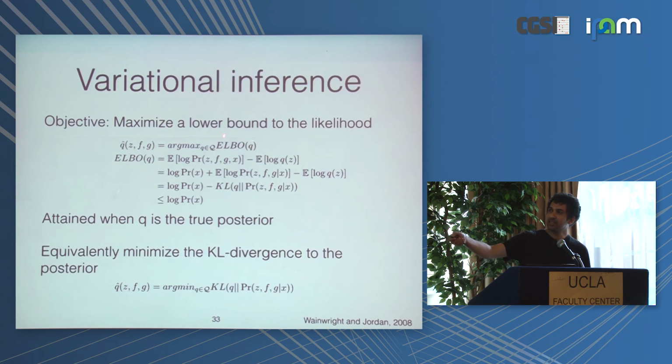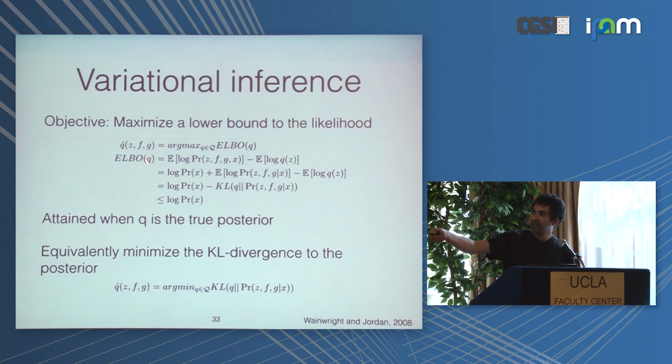So you have a certain objective. We can talk about what the objective really means. This objective is a function of a distribution, and you try to find a distribution that maximizes this objective. So what is this mysterious objective?